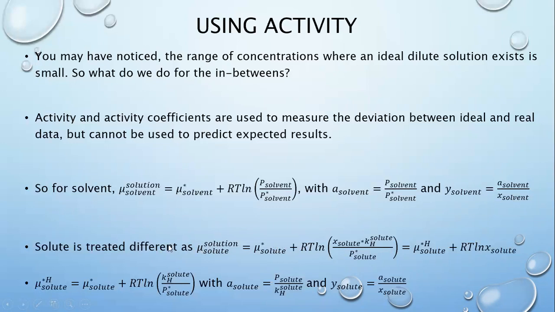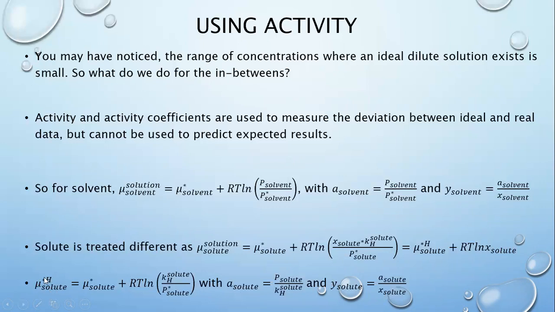The chemical potential of the solute in solution is equal to the chemical potential of the pure solute plus RT ln of the mole fraction of solute times Henry's law constant of the solute over P star of the solute. So that becomes just the chemical potential, Henry's, of the solute, which is a little different, plus RT ln of the mole fraction of solute.